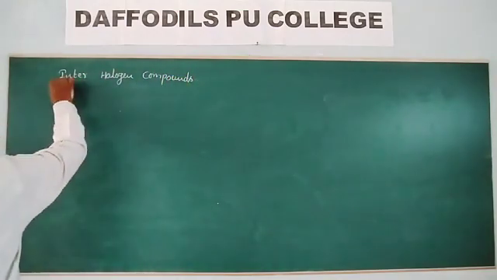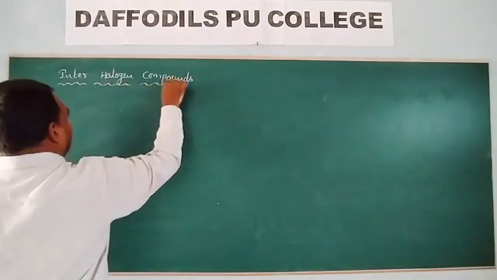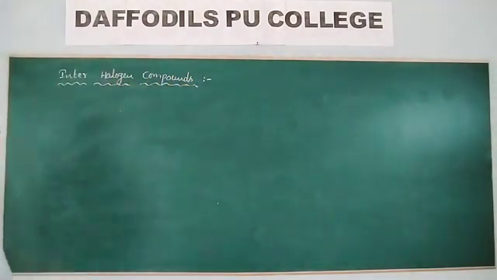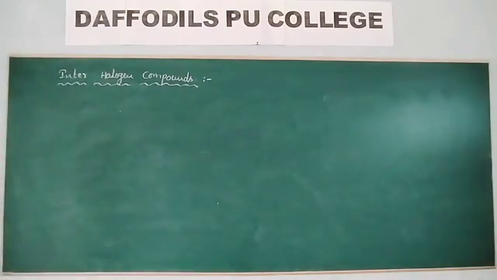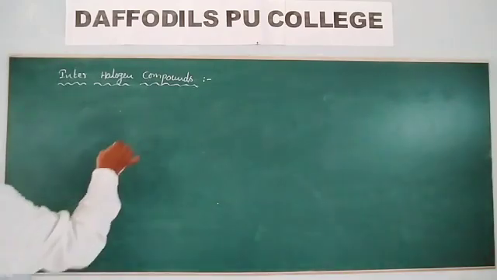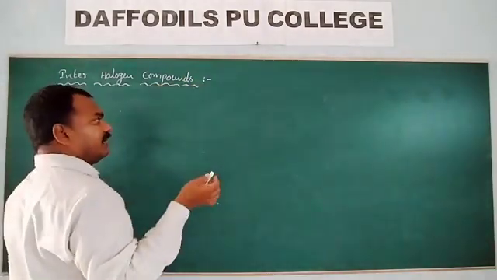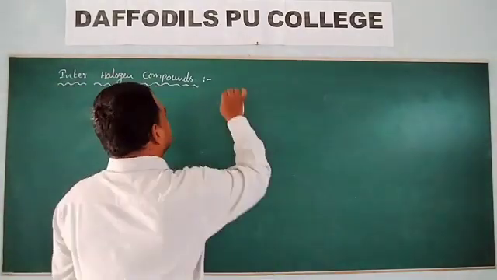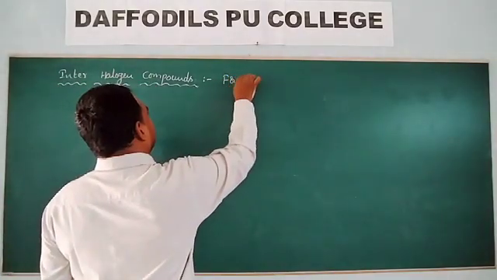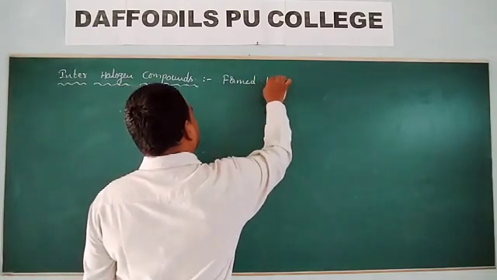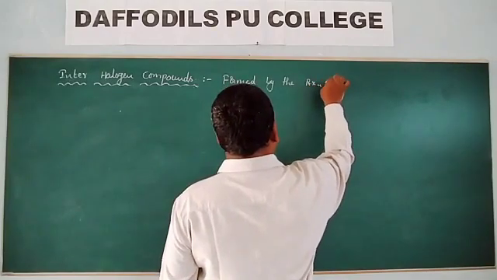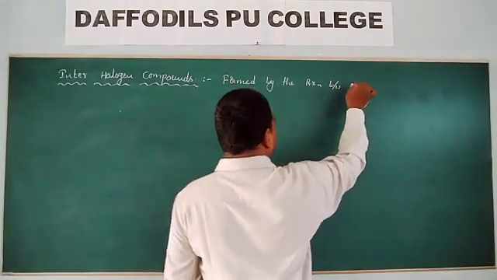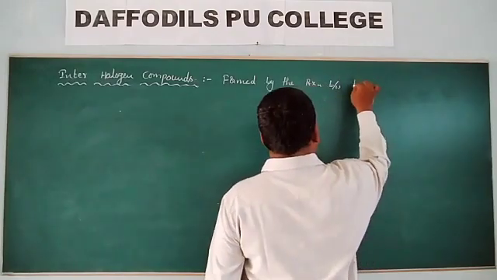Interhalogen compounds. These compounds are formed by the reaction between halogens, between different halogens.